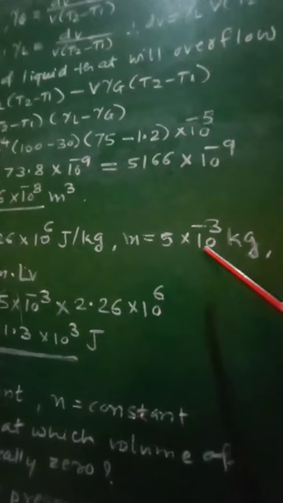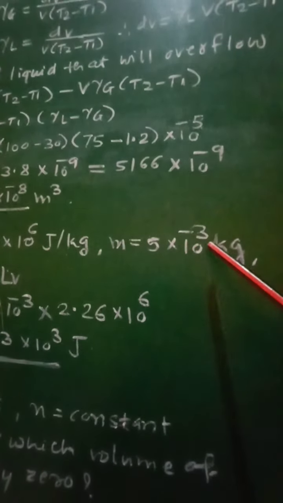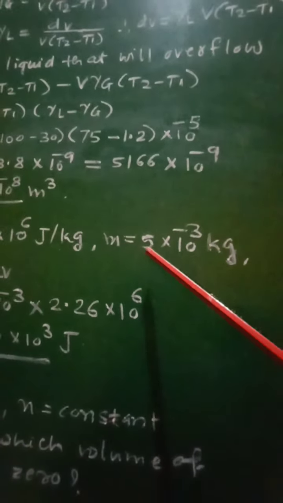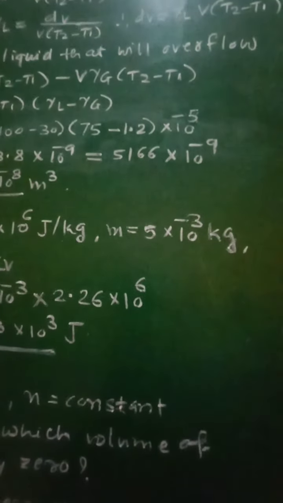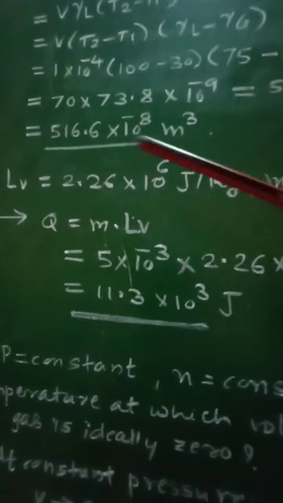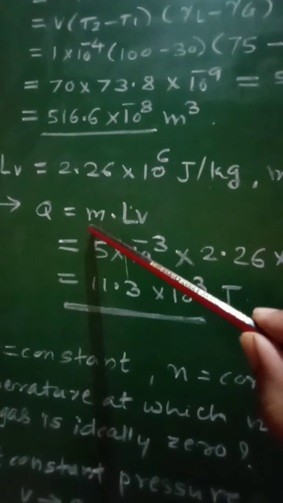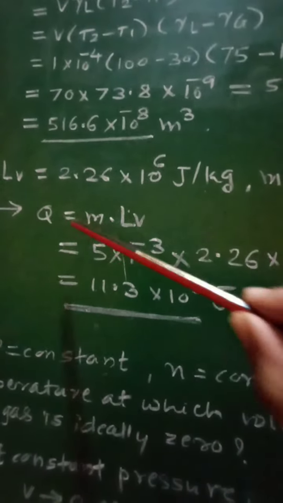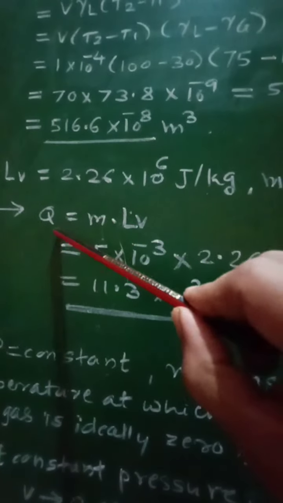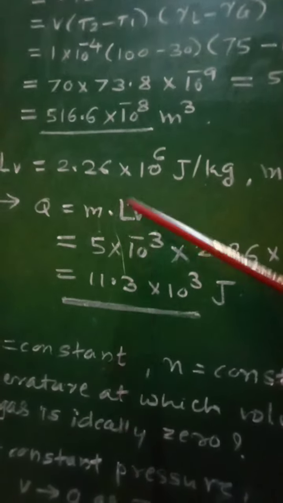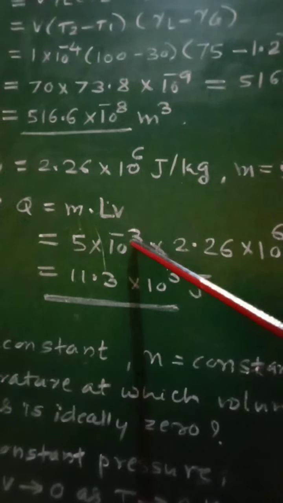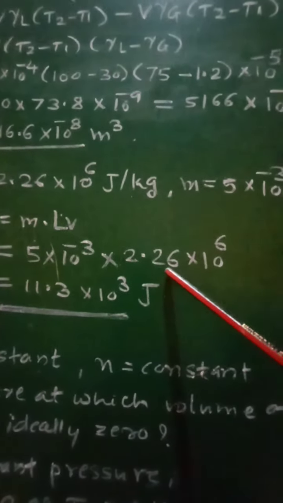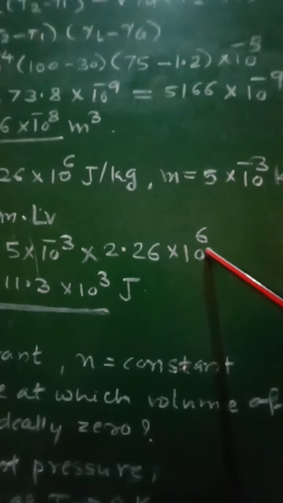Then m is equal to 5 into 10 raised to minus 3 kilogram, and therefore we can calculate the energy needed. Q is equal to m into L_v. By using the formula, Q is equal to 5 into 10 raised to minus 3 into 2.26 into 10 raised to 6.